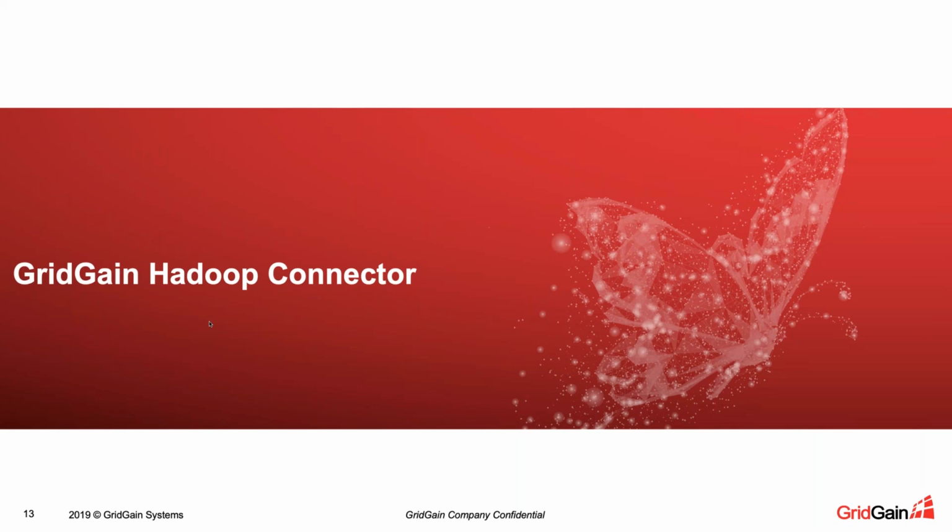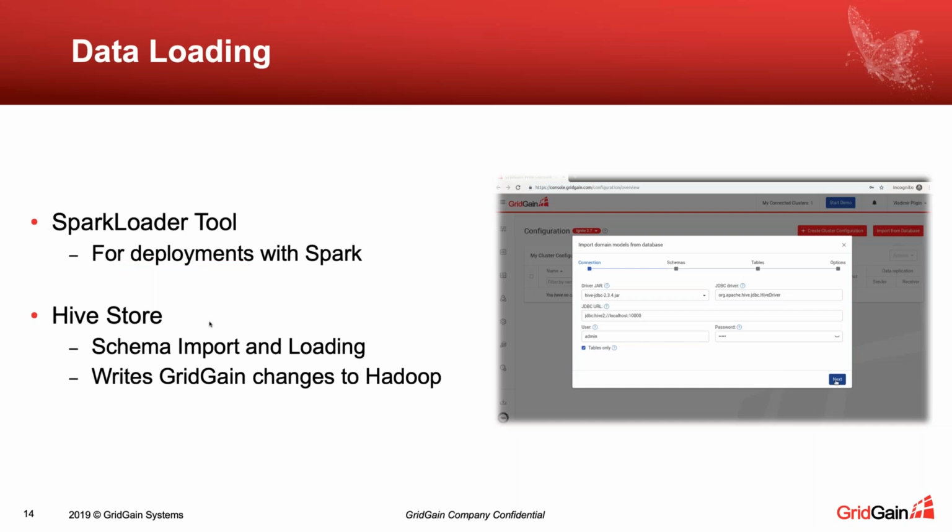This component was released by GridGain in May. It's available for Enterprise and Ultimate Edition customers. And generally speaking, that's what goes inside right now. But that component is being evolved, and you can expect many more features and capabilities to be added to it later.